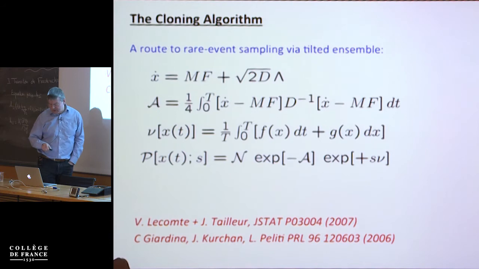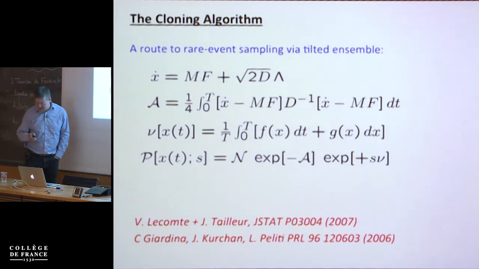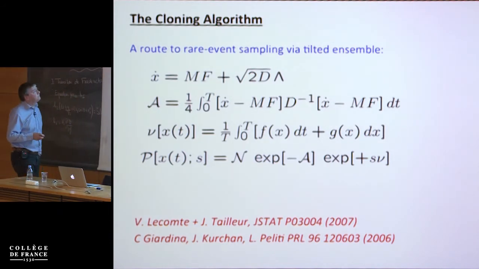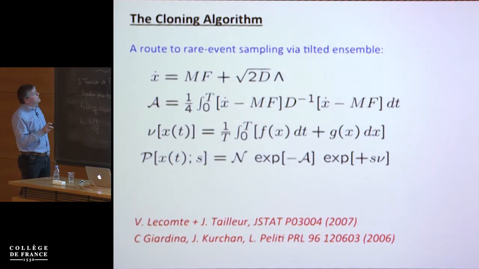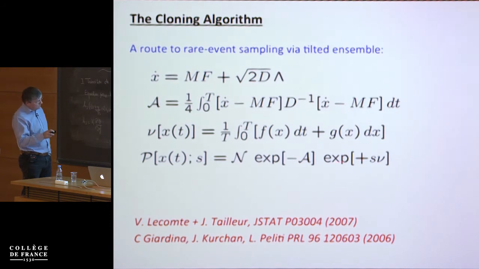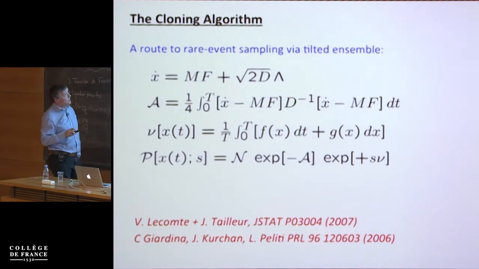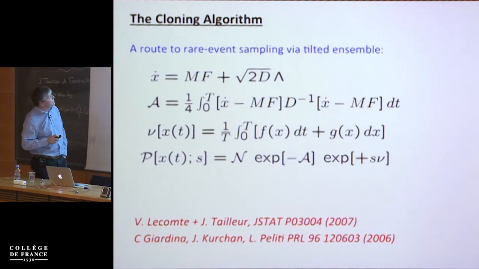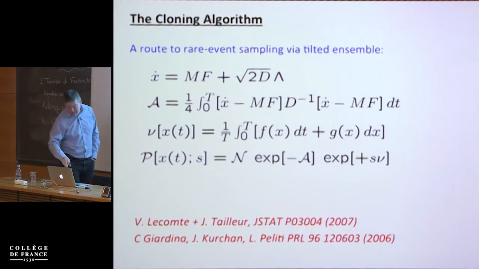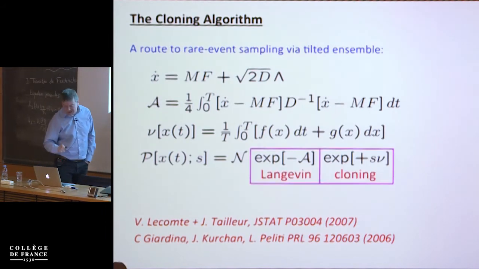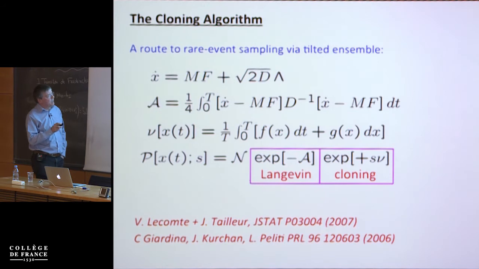But there's a route numerically, which is the cloning algorithm, which many of you will know. So here's my Langevin equation again. There's the action from it. This was just the expression of this bias that we talked about. Here is the tilted ensemble with the bias, whatever it is, giving me my 60-40 head-to-tail ratio or whatever I might choose. And the way that this can be done numerically is you do the Langevin dynamics.